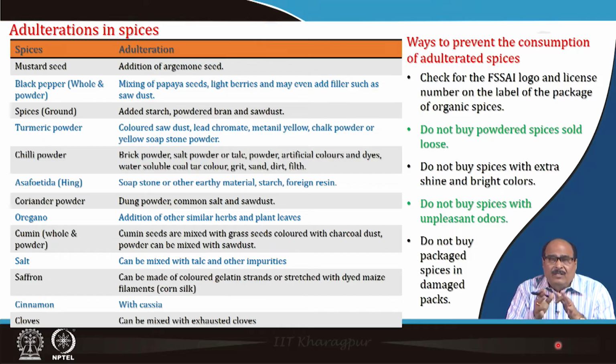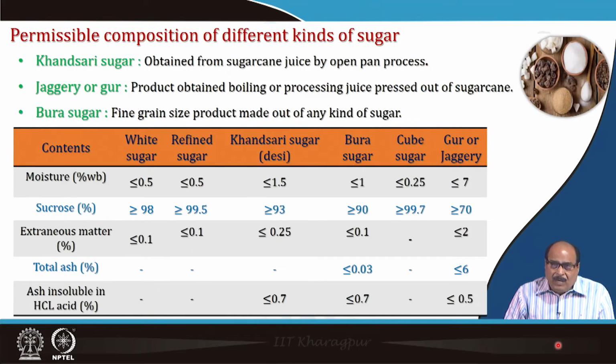These are some measures which can be taken at the consumer level. Otherwise, if you suspect that a sample is adulterated, there is a procedure laid down and you can get it tested, and those doing faulty business are punished. There are provisions in the FSSAI guidelines and standards for their punishment.